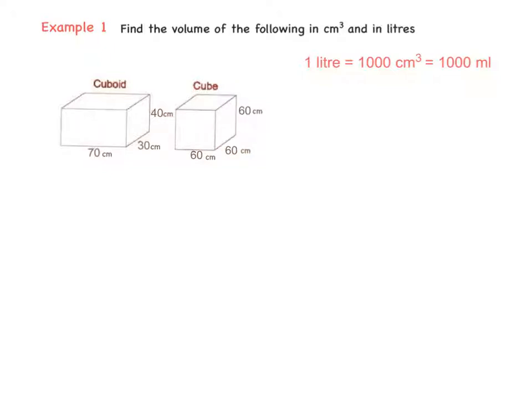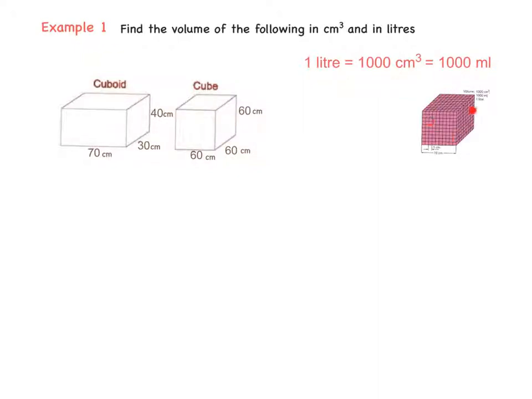If we are asked how many liters there are, we need to find the volume. Liters mean what's inside the box, in the bath, in the swimming pool. And we need to know 1 liter is 1,000 centimeters to the power of 3, and this is exactly the same as 1,000 milliliters.